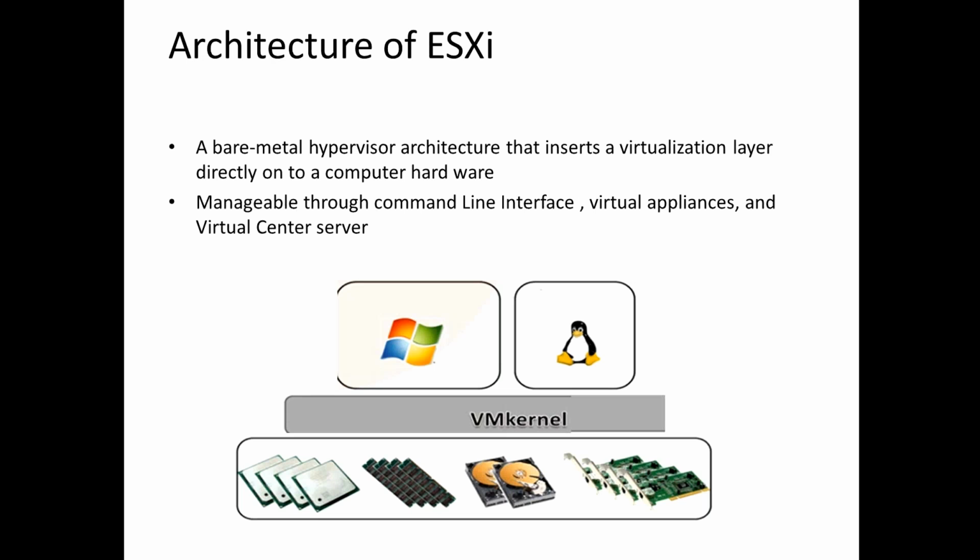So this is the architecture for the ESXi server. How does the ESXi server lay out? What is ESXi? It's a bare metal hypervisor architecture that installs a virtual layer directly on top of the computer hardware. This is our computer hardware, like your CPU. What will your CPU contain? Only processor, RAM, hard disk, network cards and motherboard, right?